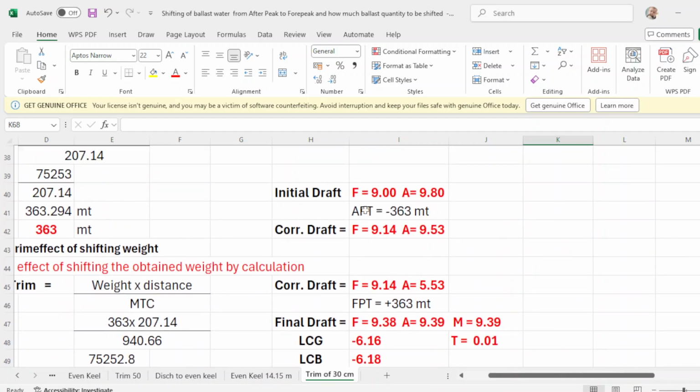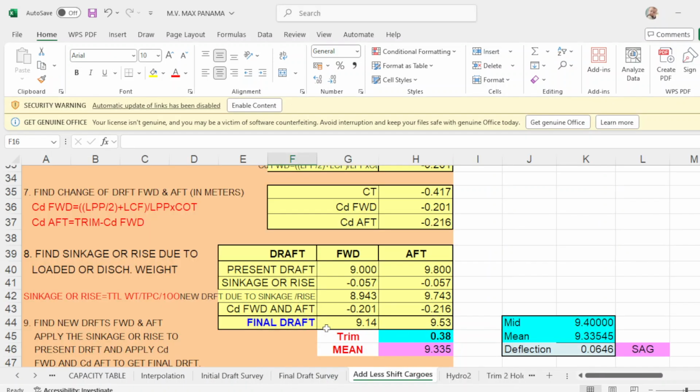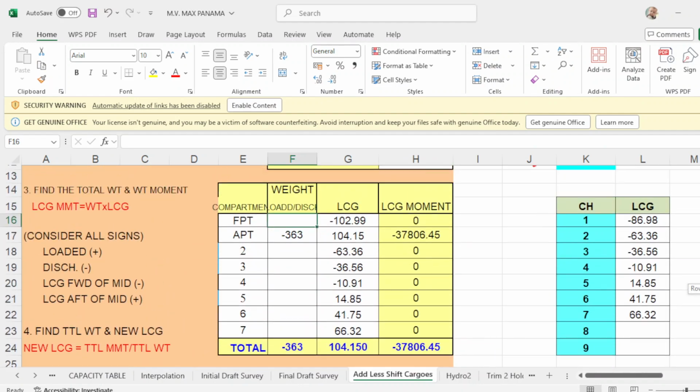From your initial drop of 9 meters forward and up drop of 9.80, you take out ballast in after peak of 363 metric tons. Your corrected drop will be forward 9.14 and up 9.53, which is this one.